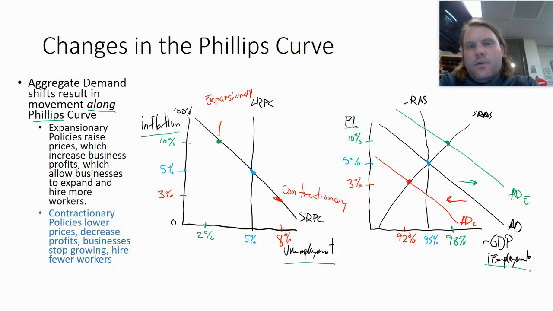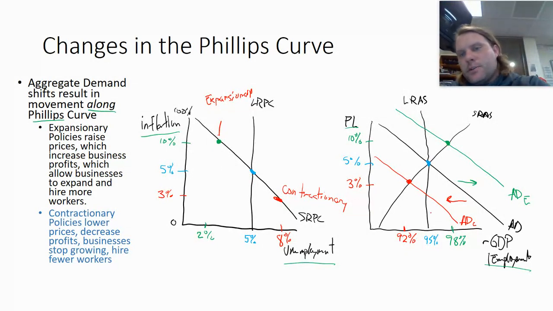Draw it to the left of the long run Phillips curve. Contractionary would be to the right of the long run Phillips curve, which again, we know what's going to happen in these cases. In a contractionary situation, unemployment's going to go up, inflation is going to go down. So we just need to be able to draw that relationship in relationship to that long run Phillips curve.